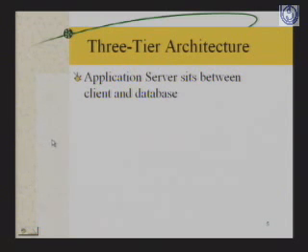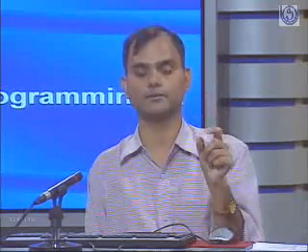So the client will send a request to the server, in turn the server will communicate with the database, the database will communicate back to the server, and then the server will come to the client. So there is one intermediate layer in between. So this particular architecture turns into a 3-tier architecture.